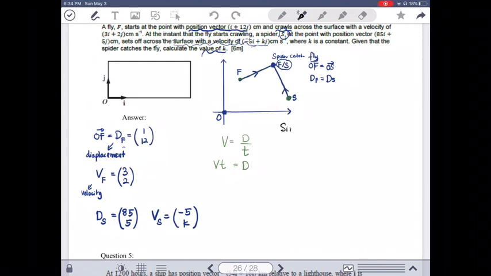Since df is equal to ds, I would put the apostrophe symbol up there just to indicate the final displacement.